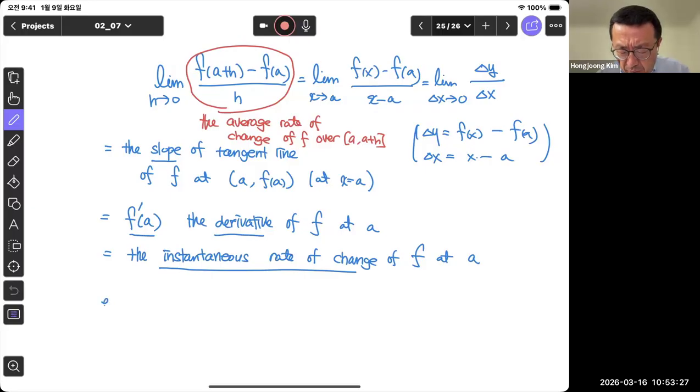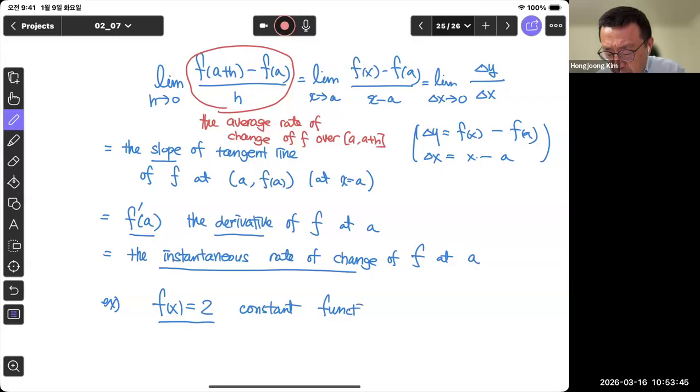As an example, what if I consider some constant value, say 2? So I'm just defining a constant function. For every x, the value of the function is 2.